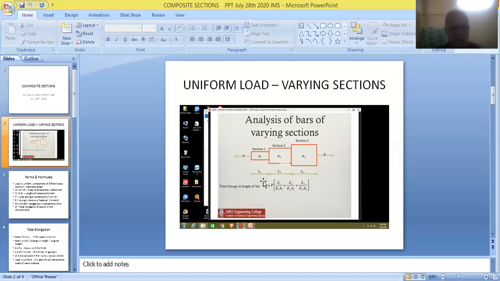So friends, just like the areas, the length of the first component is to be called small l1, the length of the second component small l2, and the length of the third component small l3.